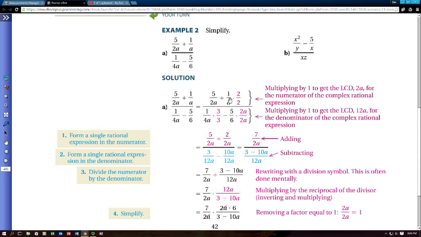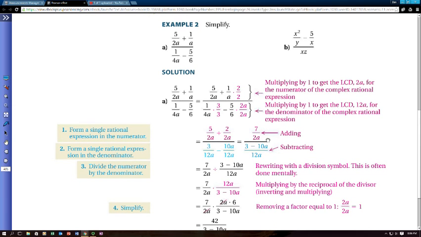To change 1 over a to something over 2a, you multiply by 2 over 2. They're doing the same thing with the denominator, showing a lot more work, but let's focus on the numerator first. We end up with 5a over 2a plus 2 over 2a. I can add these because they have the same denominator. I get 7 over 2a, which is in simplest form.